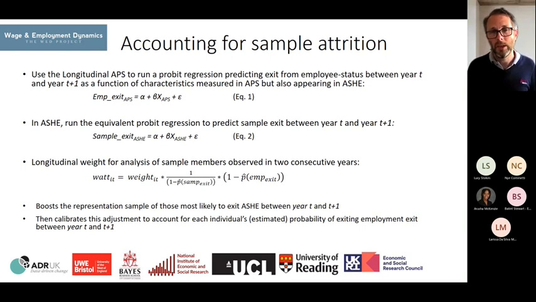And so it calibrates the adjustment to account for their estimated probability of really exiting employment. So what we're then doing is the adjustment, the combination of these last 2 terms is really just addressing the sample, what we'd call the true sample attrition, the fact that some people leave when they're still in a job.